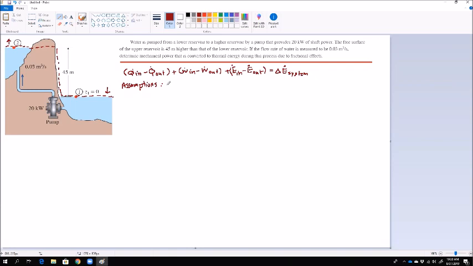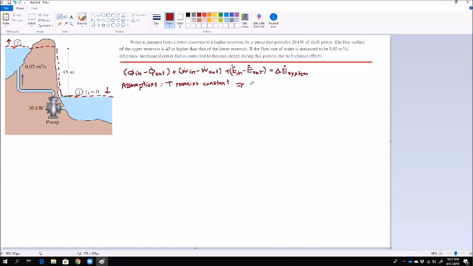We can say that temperature anywhere remains constant. That's a reasonable assumption. Because temperature remains constant, we can use it for simplifying more than two terms in this equation.